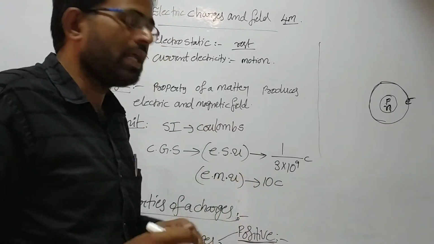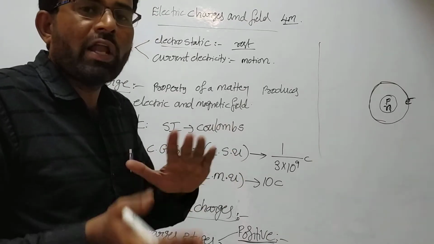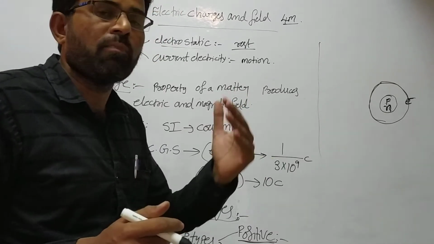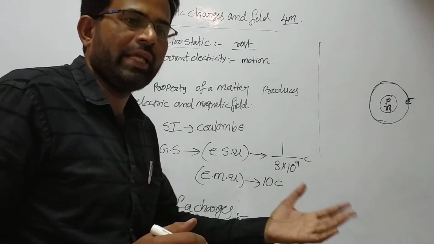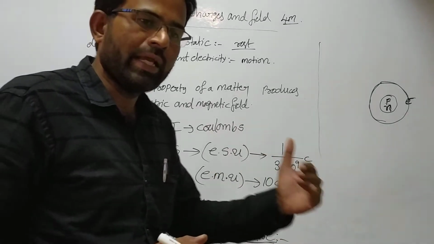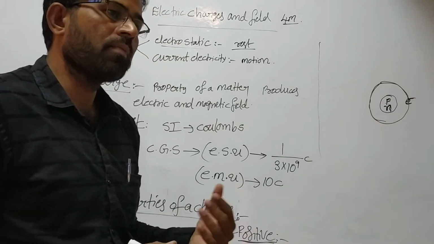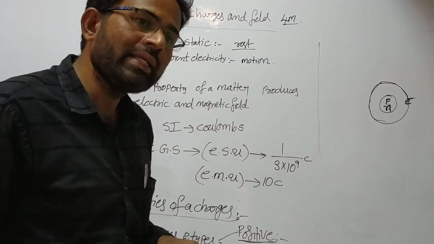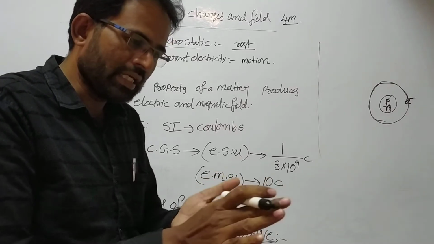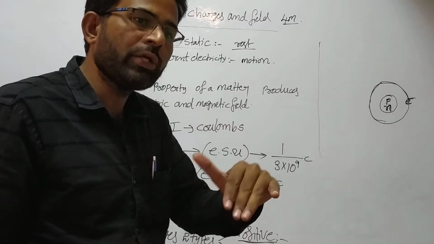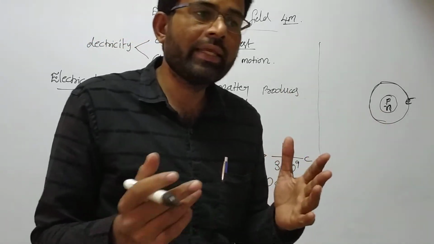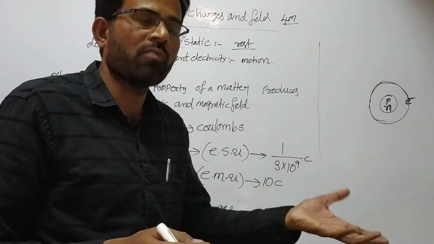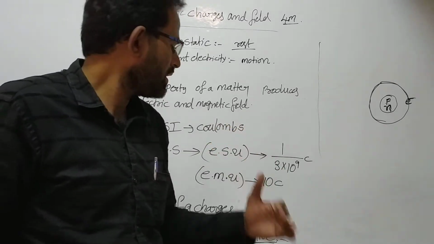When they are rubbed, electrons are transferred from one body to the other. The body that loses electrons becomes positive, and the body that gains electrons becomes negative. When a body becomes negative, its mass increases, because it gains electrons. The body that loses electrons has its mass decreased.